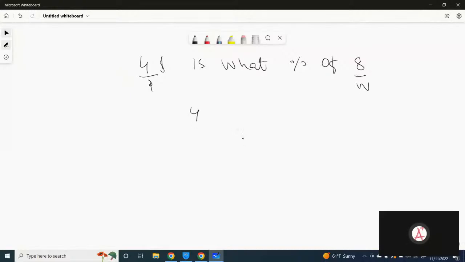So you can say 4 out of 8 because 4 is the part of 8. You have the missing n, and 50 divided by 100. Got it? Let's just do cross multiplication. It would be 4 times 100 equals 8 times n.